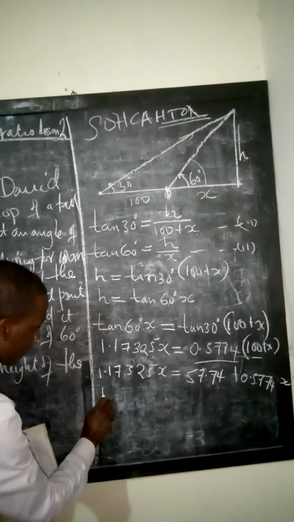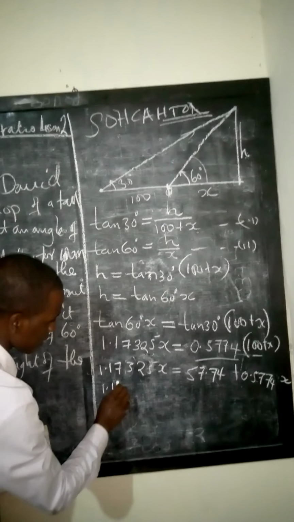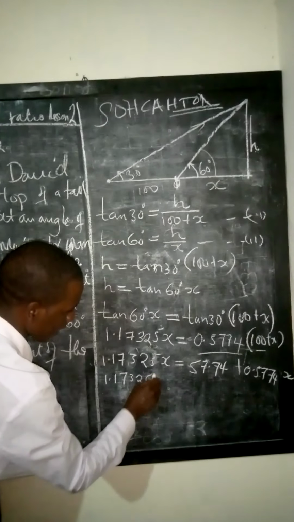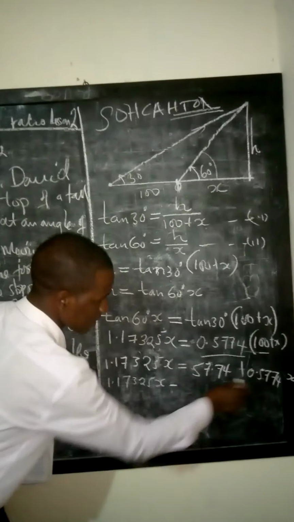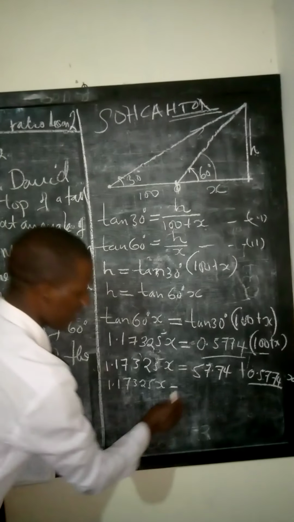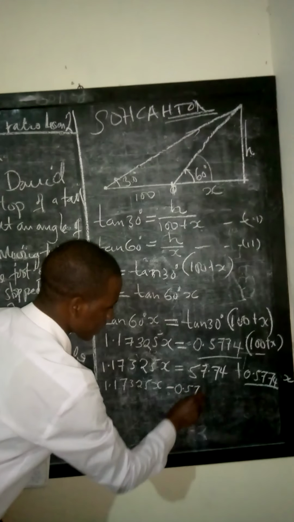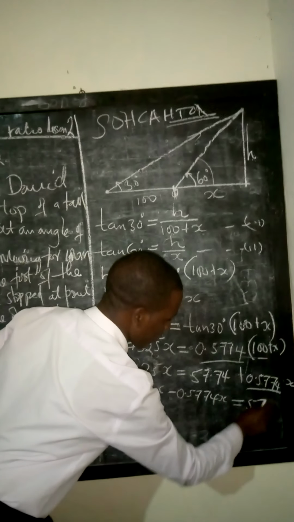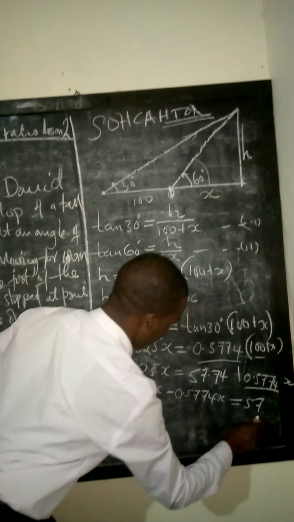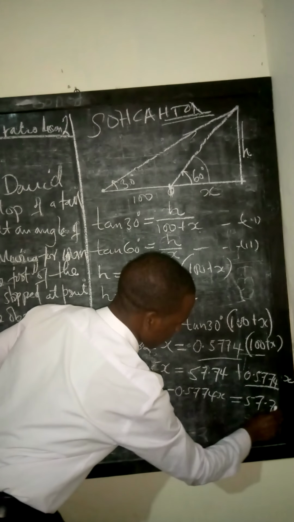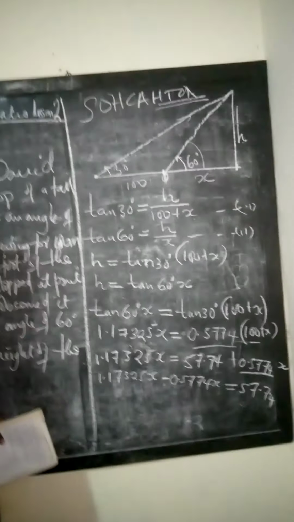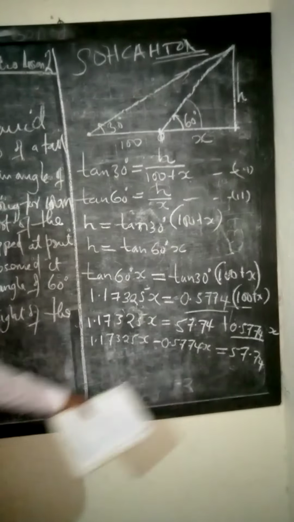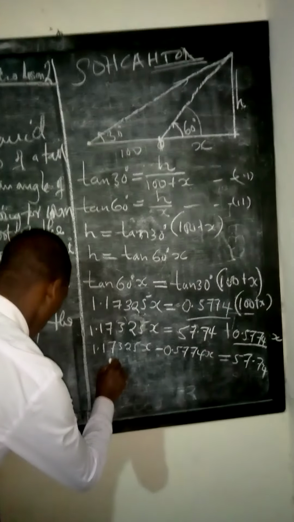Therefore, we shall have 1.17325x minus 0.5774x is equal to 57.74.